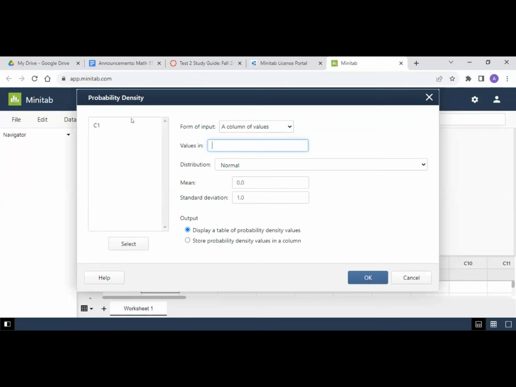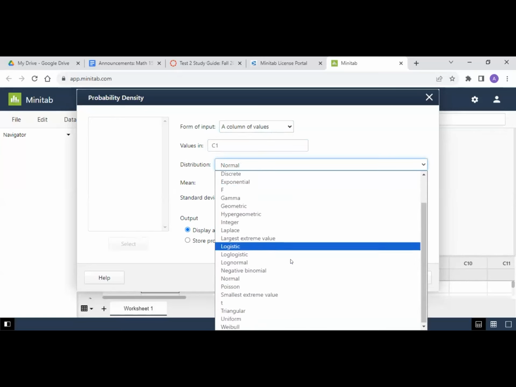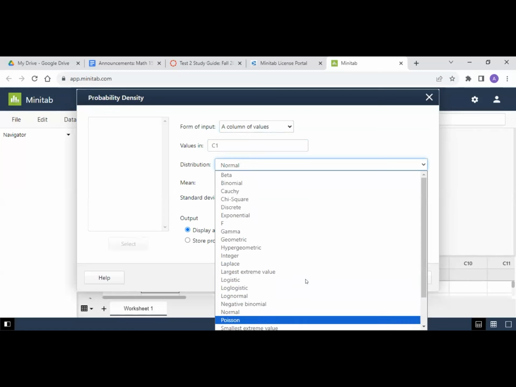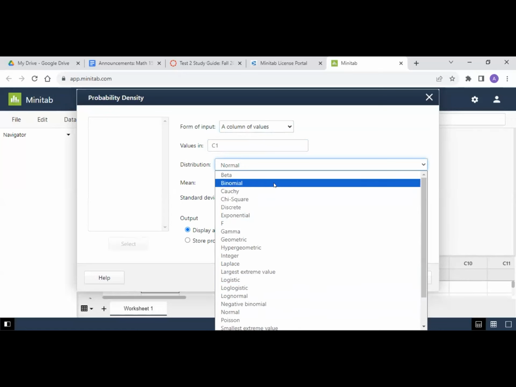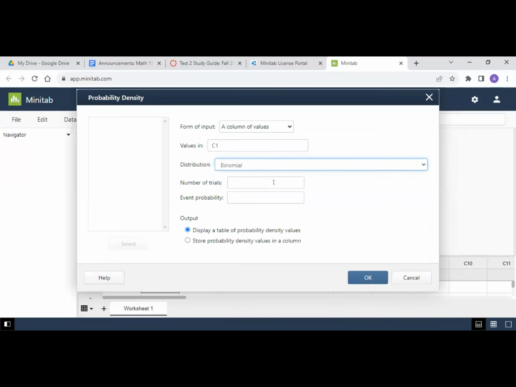Since I typed stuff into C1, I'm going to double click C1. Next, under distribution, there are a lot of different distributions. We've only really talked about the normal distribution and the binomial distribution so far. Here are all of them, okay? We won't learn about all of these in this class, but we're talking about the binomial distribution, so we have to click that one.